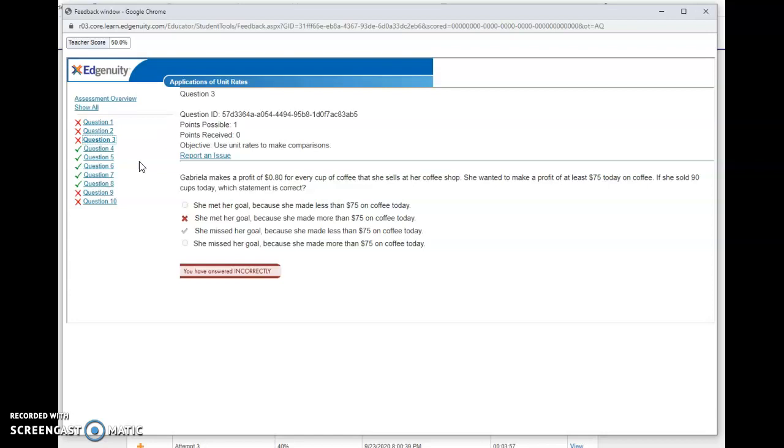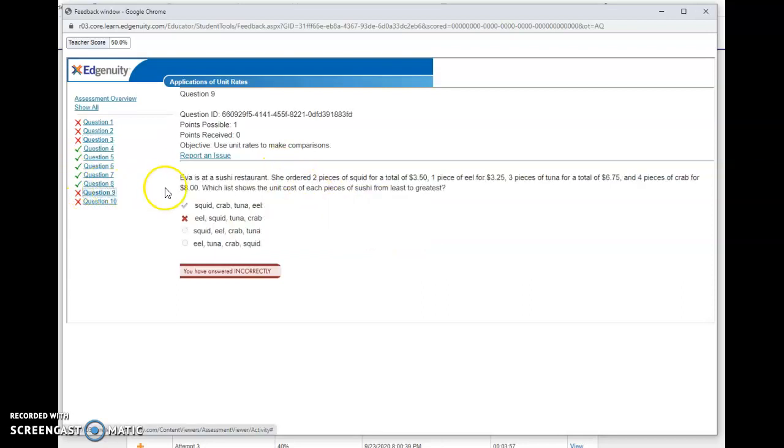So we're looking for something that says she missed her goal because her goal was 75 and she only got to 72. So the first two are wrong. She did not meet her goal, so she missed her goal because she made less than $75. She only made 72 bucks, so that's less than 75.